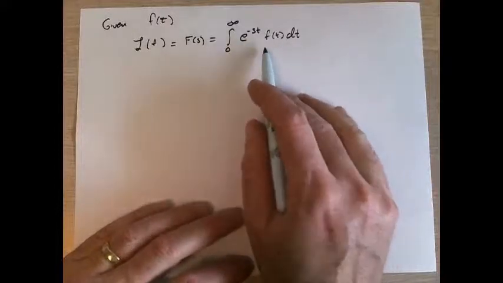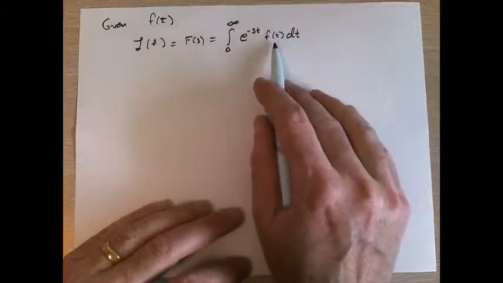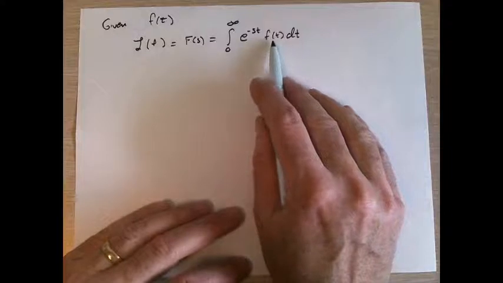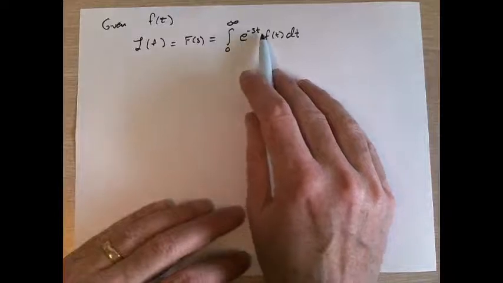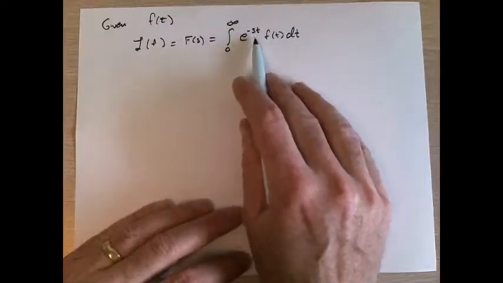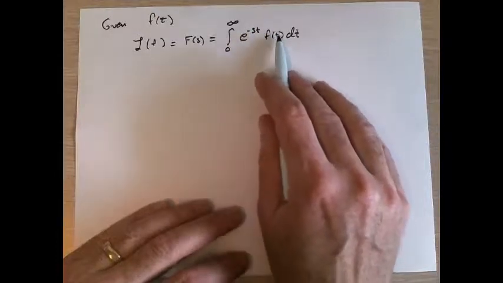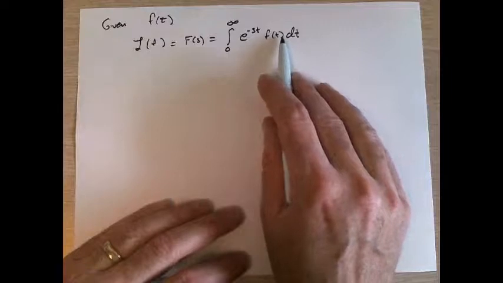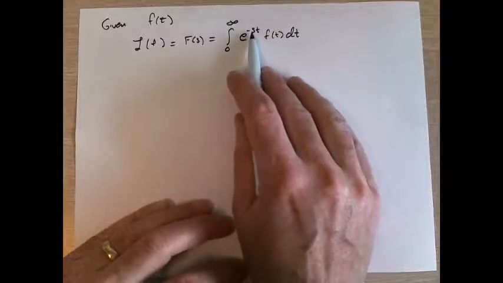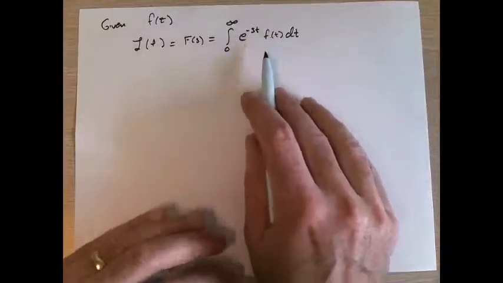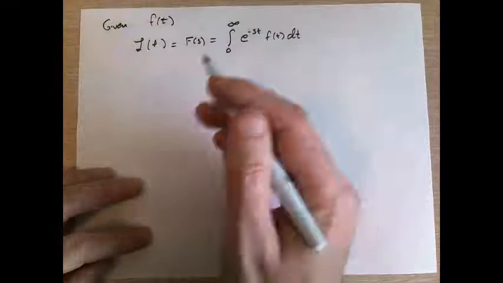There's a theorem in the book, and I don't want to get into the details too much in this video, but it's essentially saying if this function f grows no faster than an exponential function, then, since you're multiplying by e to the negative st, you can cancel out a lot because these decay really quickly for positive values of s. So as long as f is not growing any faster than an exponential, we can probably find some values of s that'll cancel that out so that we get finite values on this integral. So anyway, let's do an example here.